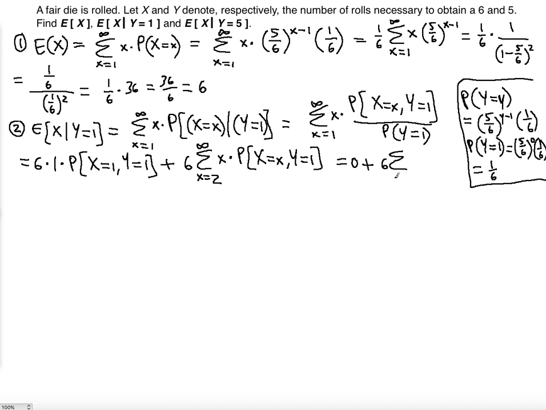plus this, x times probability of X given x, Y is equal to 1. Right, so now we just have to solve for this.